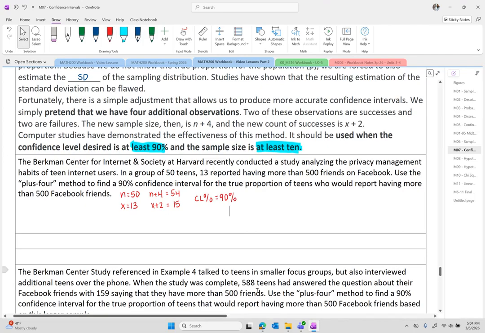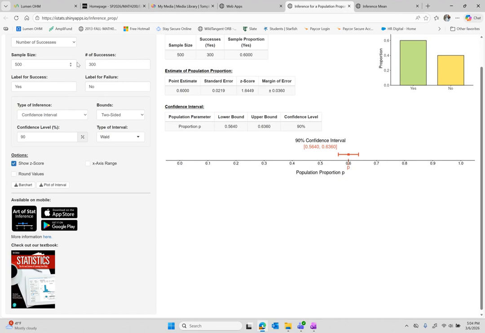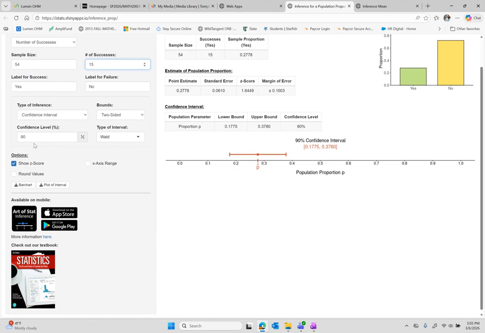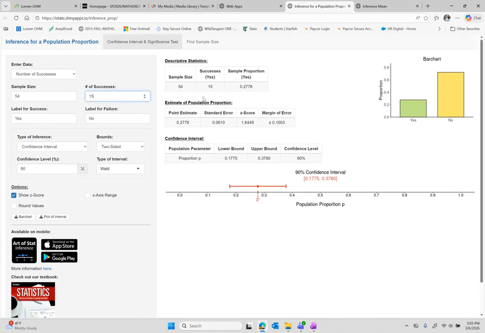And let's try our technology. So I will have 54 and 15, and the confidence level will be a 90. So the point estimate was 15 out of 54 and not 13 out of 50.